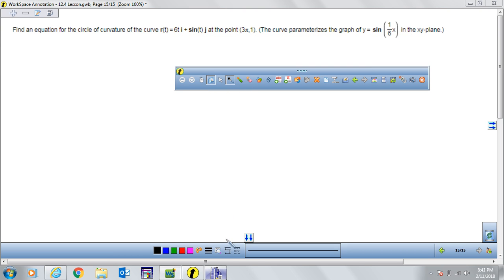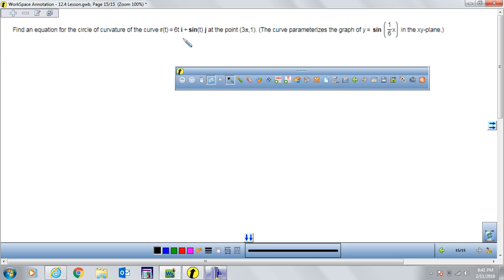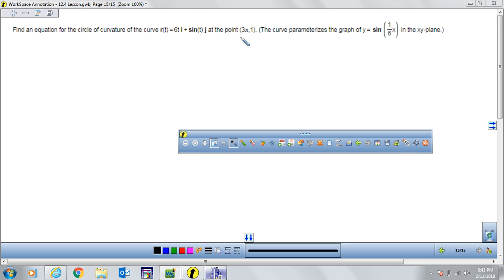Find the equation of the circle of curvature of the curve r of t equals 6t i plus sine of t j at the point 3 pi comma 1. Now one thing that it tells me here is that it is at the point 3 pi comma 1, but we need to find out at what value of t, which is the parameter, that happens. So this is my i component.